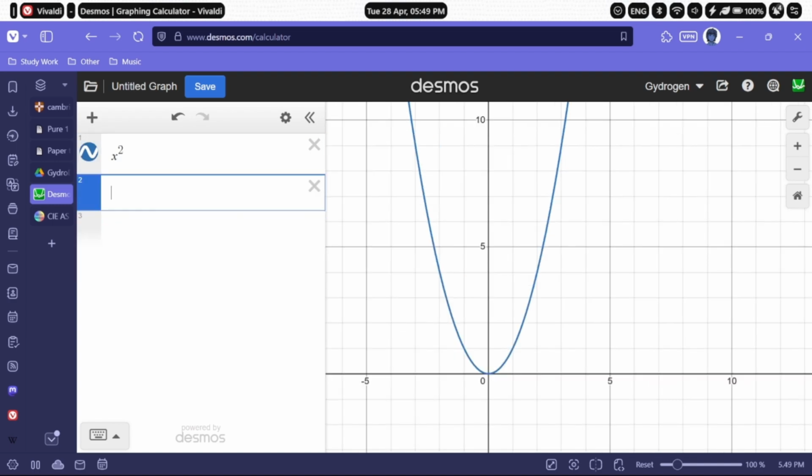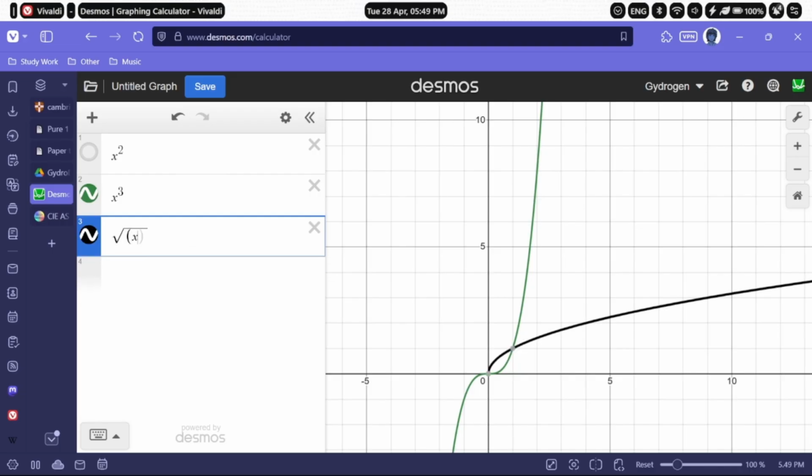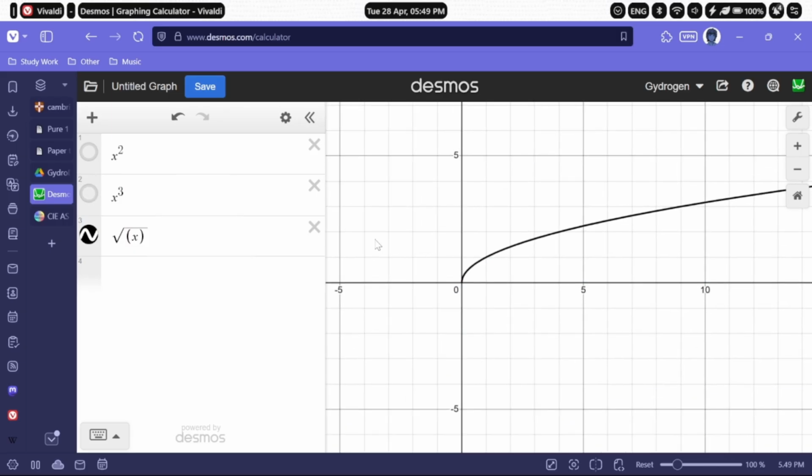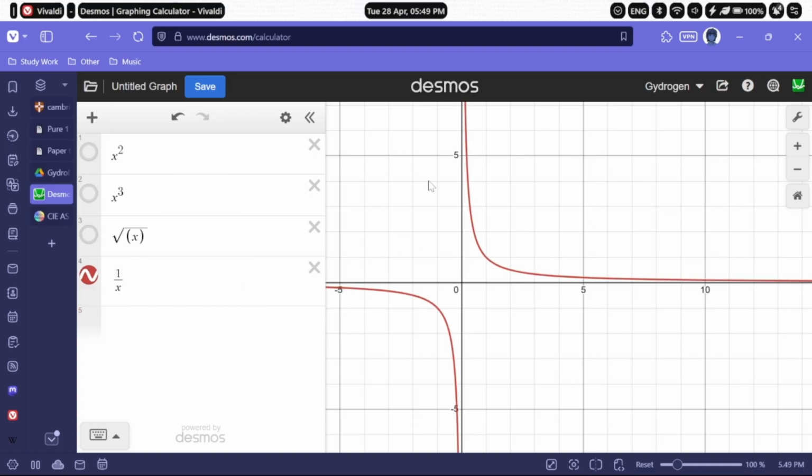Then you have your x cubed, a simple one here, but this is the general form of it. Then you have your square root of x graph. You need to know about that as well. You can think of it as a parabola that has been rotated. Then you need to know 1 over x, so how a rational function looks.